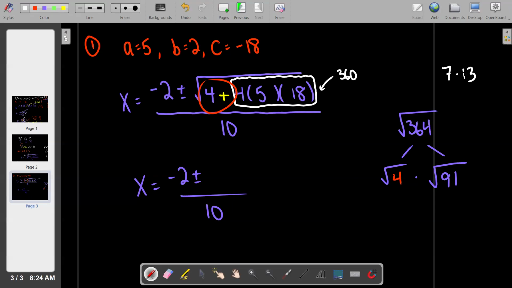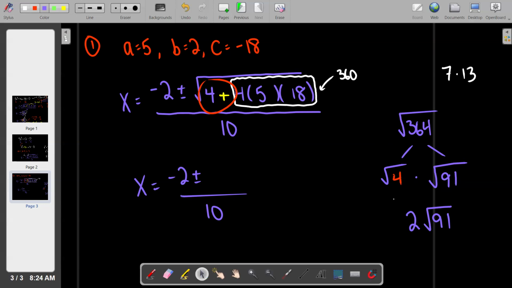So in that sense, 91 is what we call a dead root. So the best version of the square root of 364 that you're going to get is officially 2 root 91. So just because a number is not prime doesn't mean it's breakable. But the act of simplifying a root is a pretty particular process.